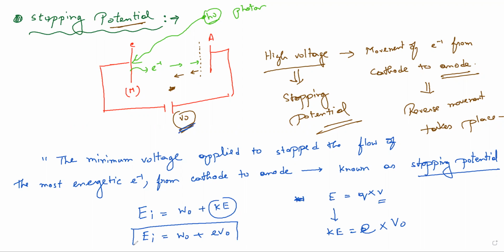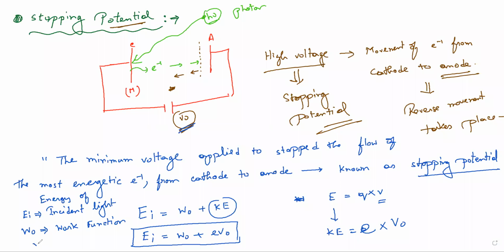E I is basically the energy of incident light. e V naught is the energy, where V naught is the stopping potential. Okay, so just write down: E I is the energy of incident light, W naught is the work function, and V naught is basically the stopping potential.